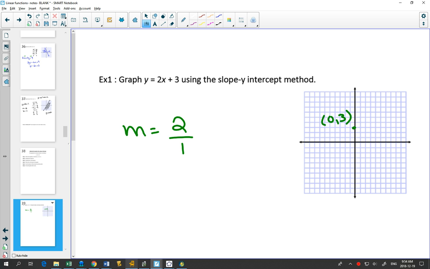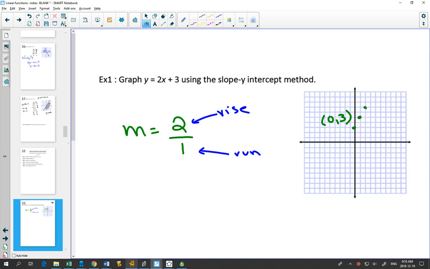The 2 is my rise over run, so I can start from my point 0, 3, go up 2 over 1, and find another point.